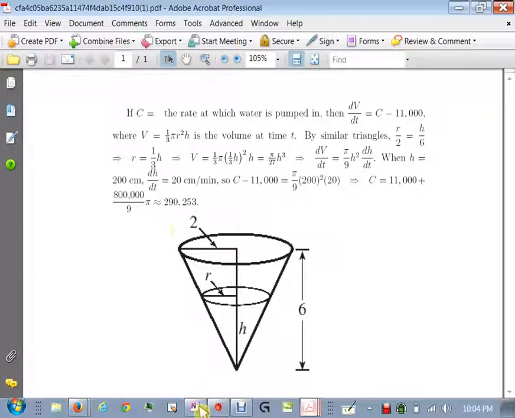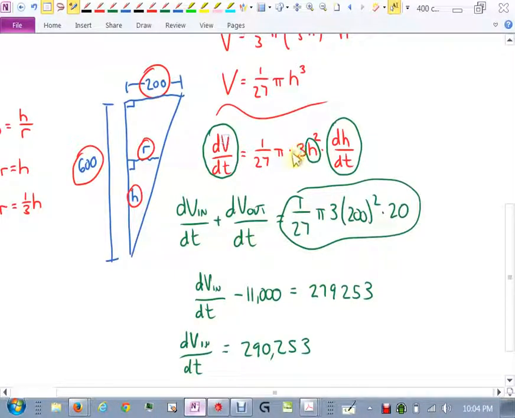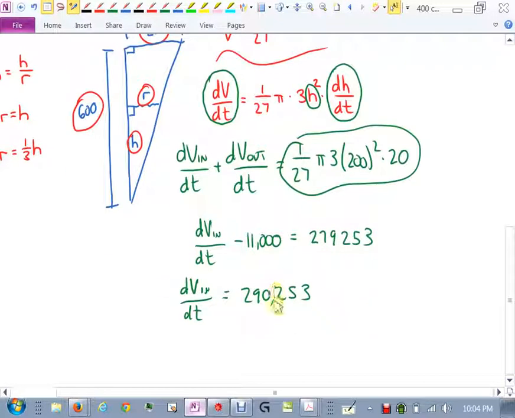Yeah, that's it right there. Okay, so everything is correct here. I typed that in my calculator, got the right answer, and wrote down the wrong thing. I don't know why I did that, but this is it.